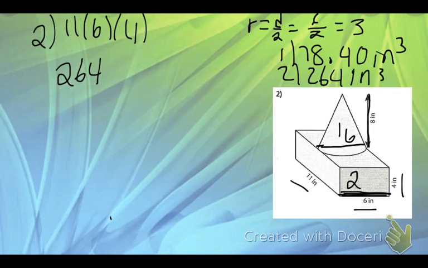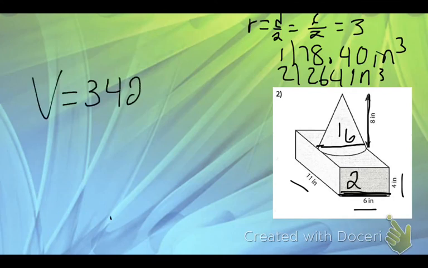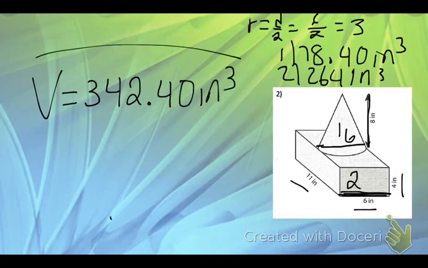All right, so we just literally add those two numbers together. We have 264 plus 78.40, and my final answer of this entire volume is 342.40 inches cubed.